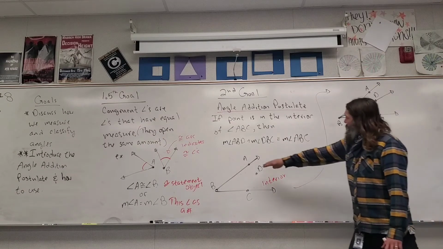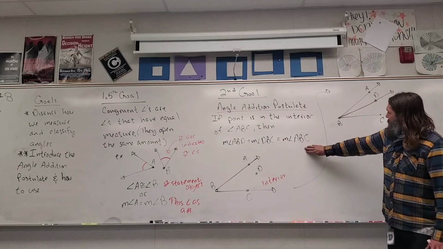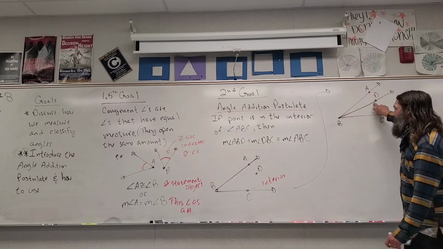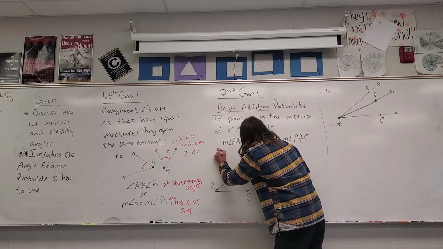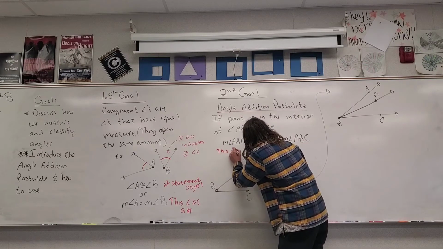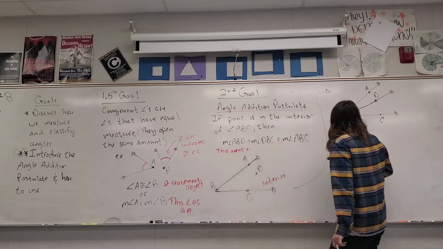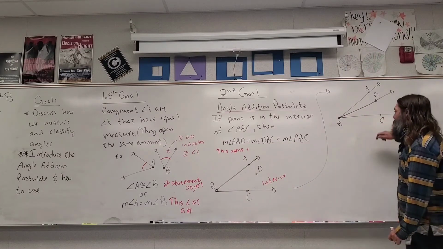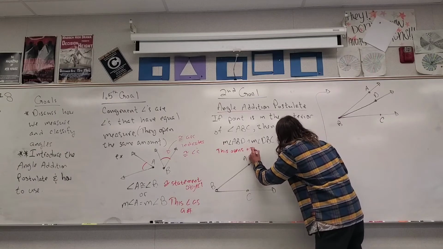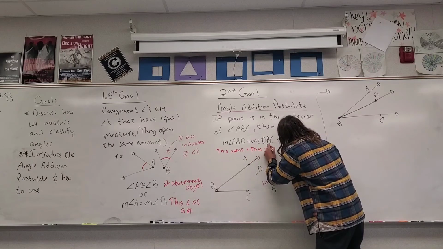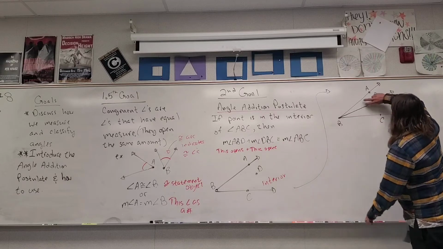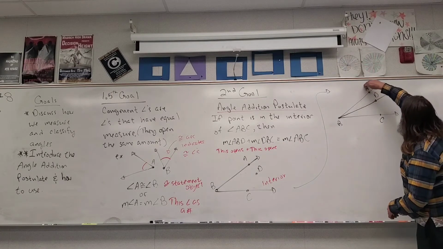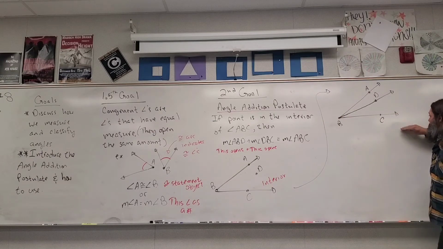And what this equation is saying in a very simple way is the amount that this little angle opens, angle ABD, how much this opens, plus how much angle DBC opens, how much this little angle opens and how much this little angle opens equals how much the large angle opens.